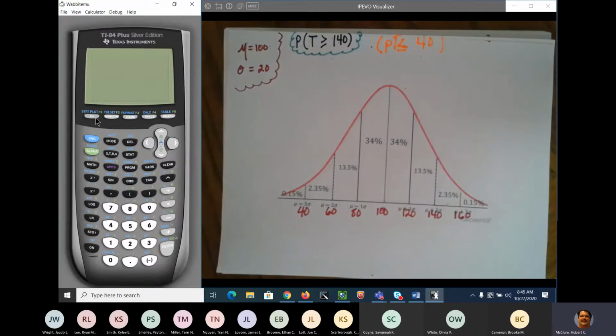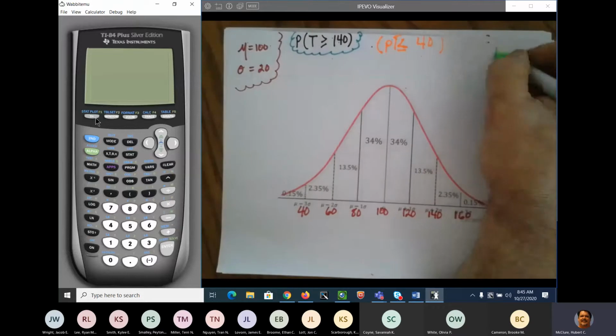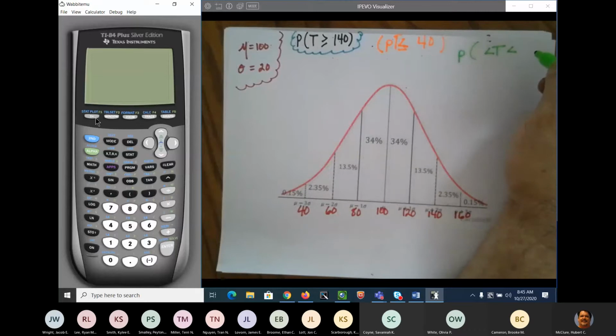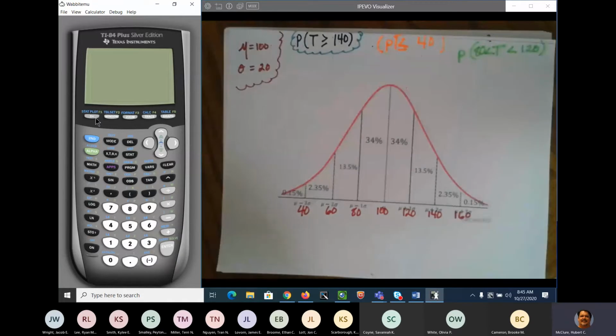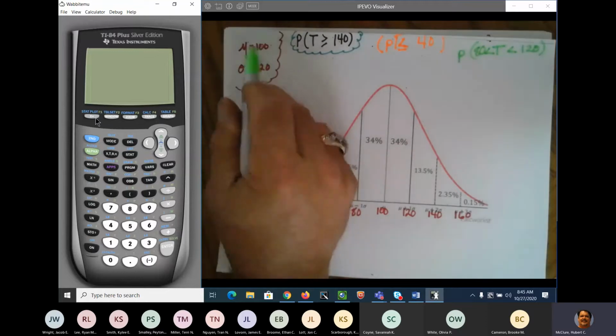And then what is the probability of a test score being between 80 and 120? So here you've got the same type of problem, except the difference is you have 120.